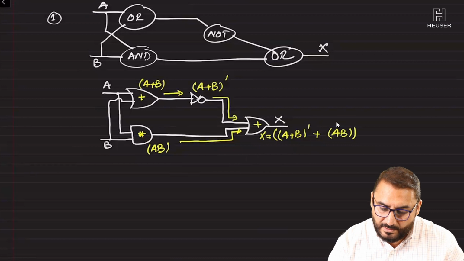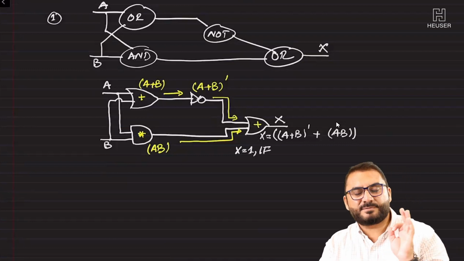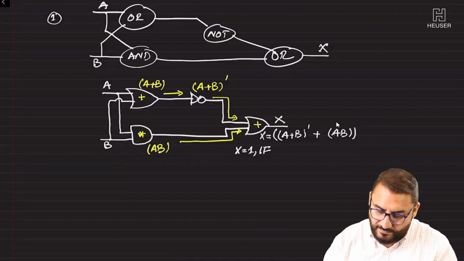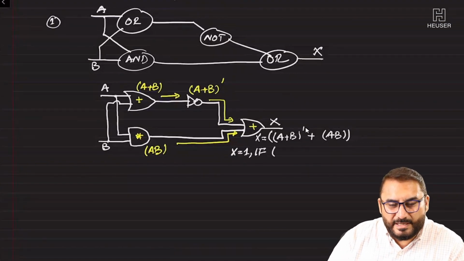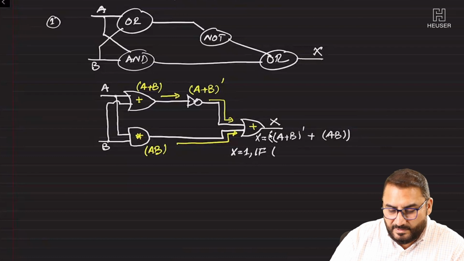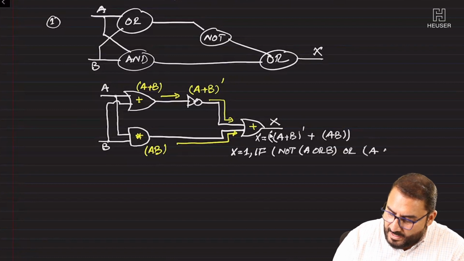Now how to write a logical expression out of it? The logical expression would be X is equal to 1 if, this is a must part for every logical expression, if. You see, the NOT gate in logical expressions comes before the bracket. So right after the first bracket we will write NOT A or B, or A and B, bracket over, bracket over.